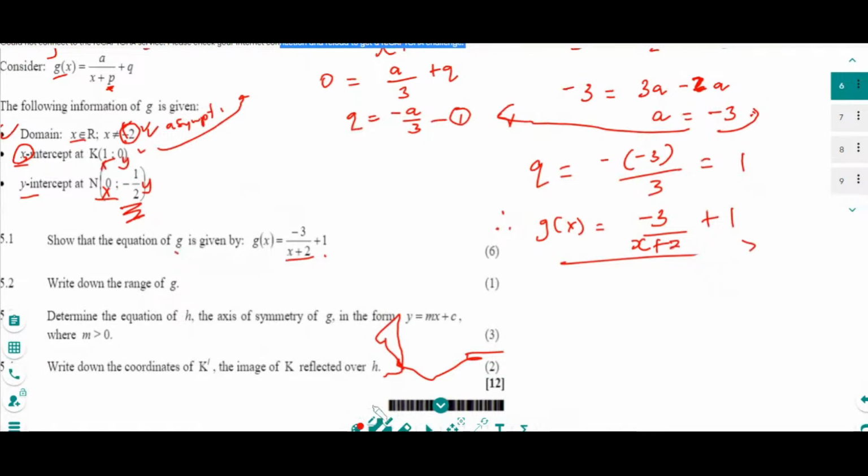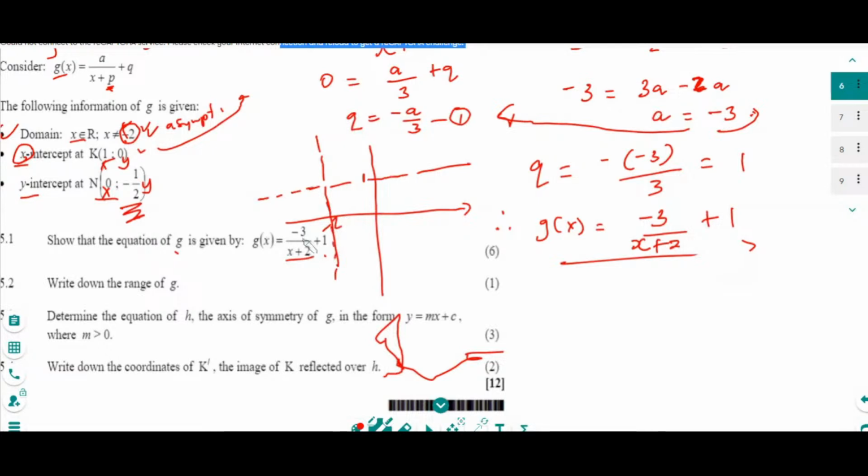So if someone were to draw some sort of a mini sketch, we know that positive 1 is somewhere there as our asymptote, and negative 2 is somewhere there, and then we just sketch our graph.